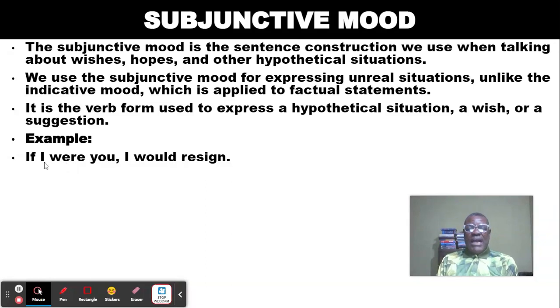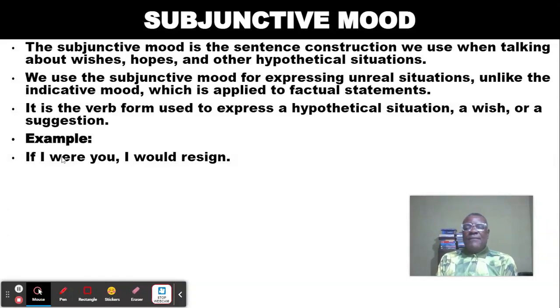You cannot use I with were. It is only in the subjunctive mood that you can use this form of the verb with the first person singular pronoun I. It is either you say I am or I was, of course, with I.